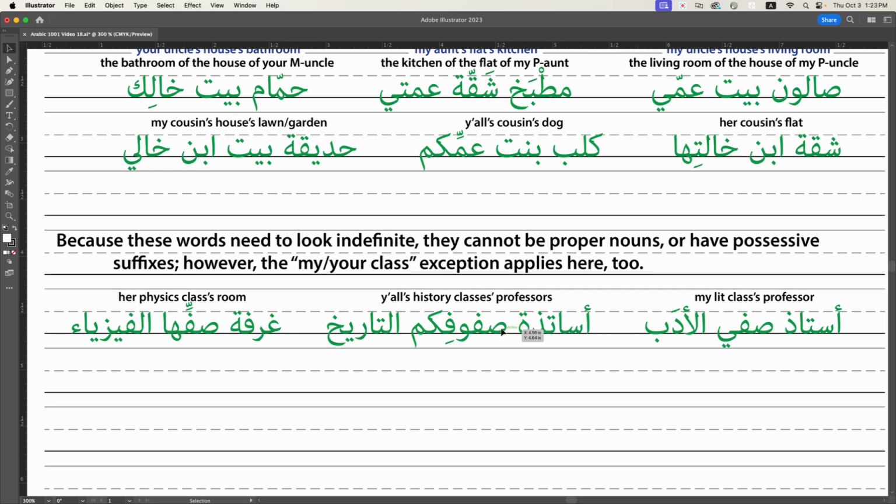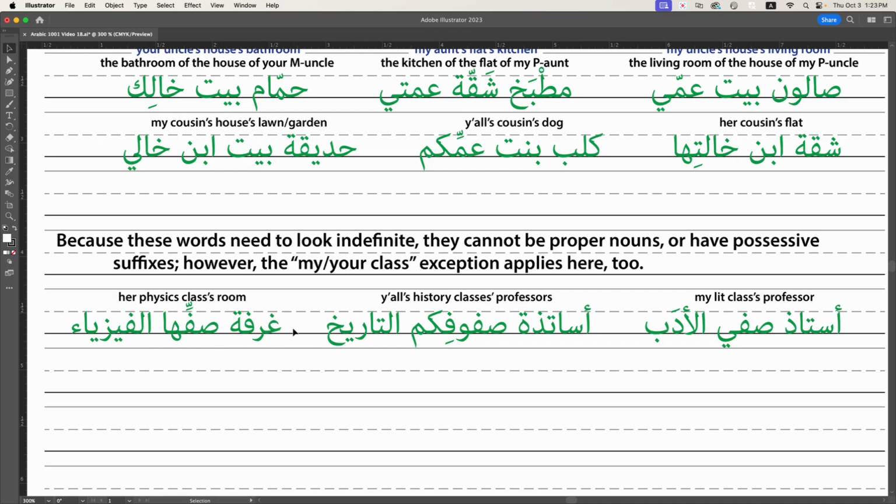Asatidhat, now it's plural. Sufufikum, now the classes are plural, and so are y'all. At-tarikh, so the professors of y'all's classes, the history, gives us y'all's history classes' professors. Ghurfat Safiha al-Fizya. Al-Fizya is physics.